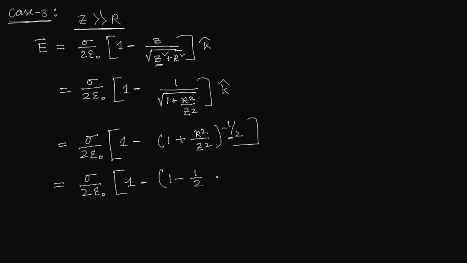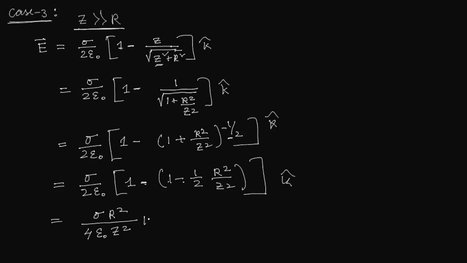So we'll get 1 minus half into r square by z square, into k cap. To simplify, minus 1 plus 1 will cancel out. So we'll get sigma r square divided by 4 epsilon naught z square into k cap.